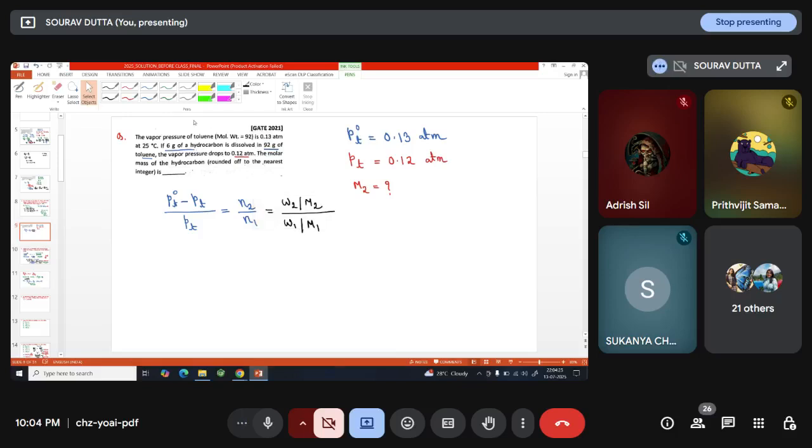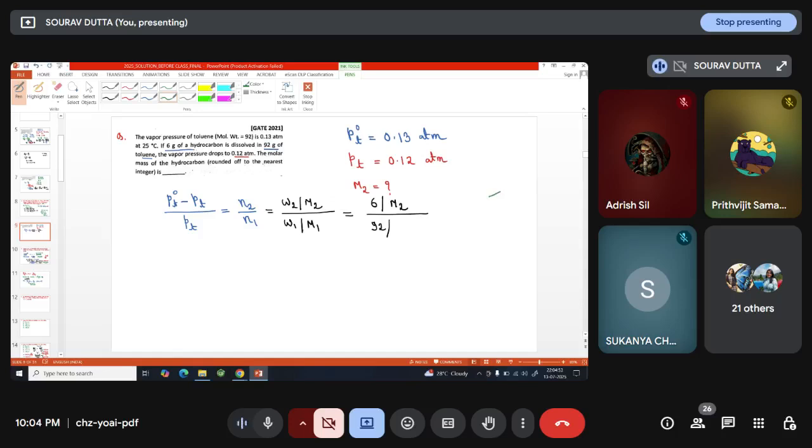It is the convention. So W2, the mass of solute, is 6 gram divided by molar mass, which we don't know. In the lower section, the mass of the solvent is 92 gram toluene, divided by molar mass of toluene. It is not given to you, but you can easily calculate it from the formula.